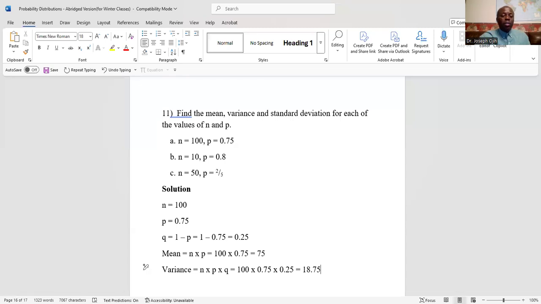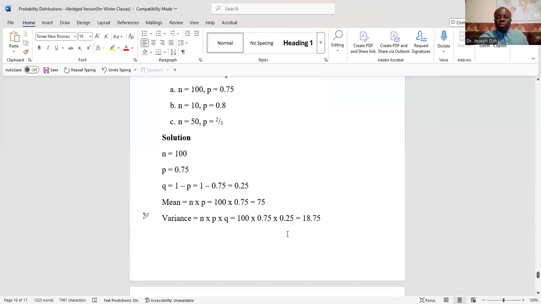Standard deviation, you're going to find the square root of variance. Because this workbook will not allow us to put the square root symbol, I'm going to take it to the next workbook and then copy it and paste it here.